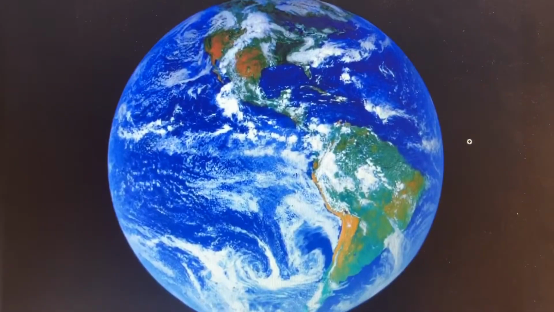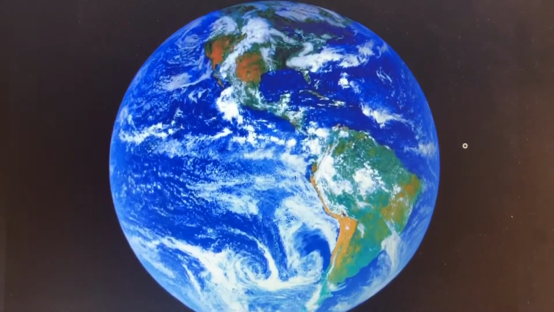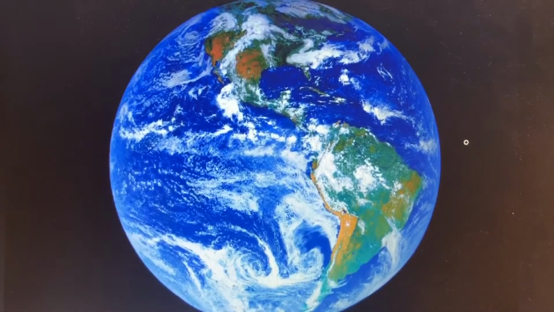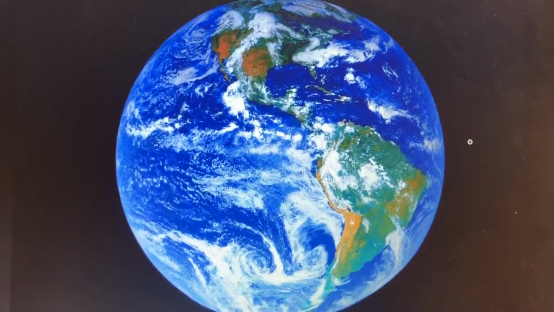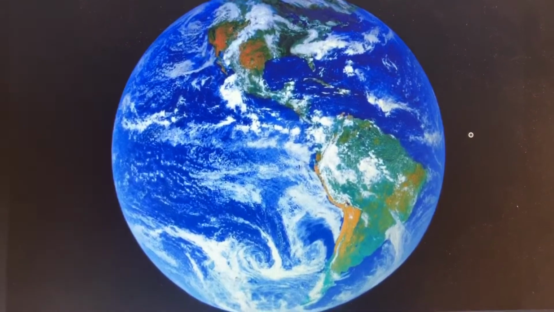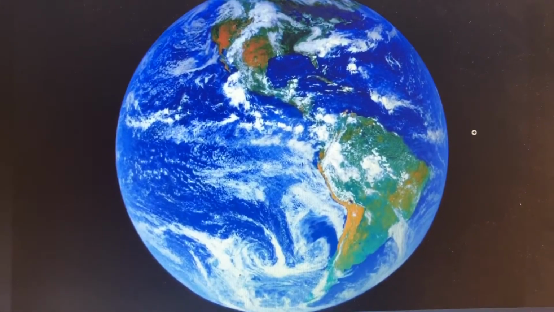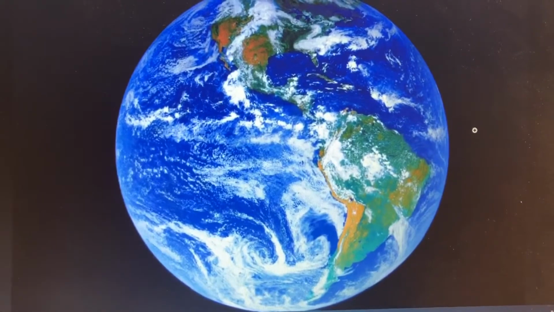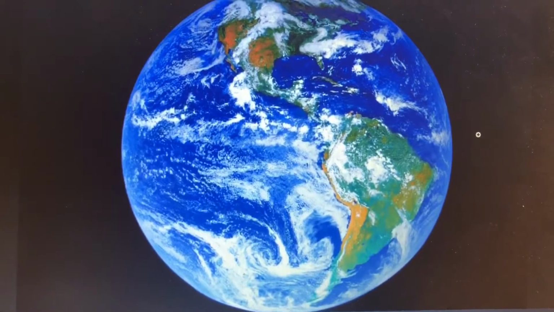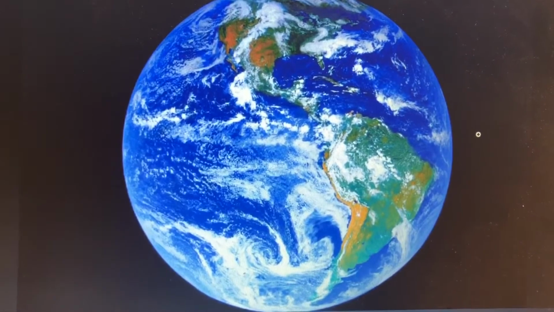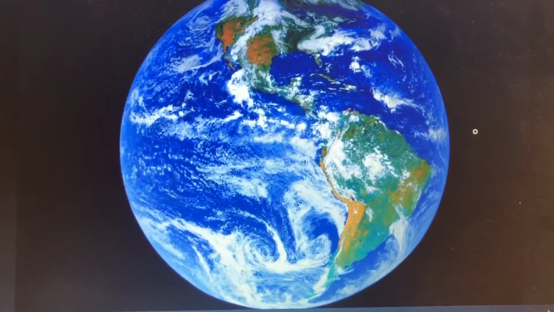So you can see our planet here from space. So you see a lot of that brownish green, right? And then a lot of blue and white. So what does the green, brown represent? Well, I'm sure that you said that that is dry land, right? And the blue and white over here, that's water.